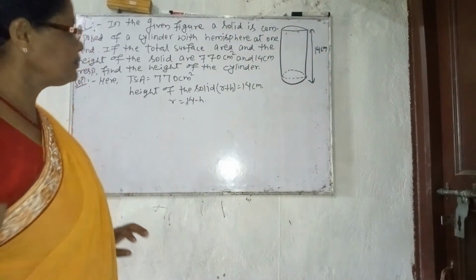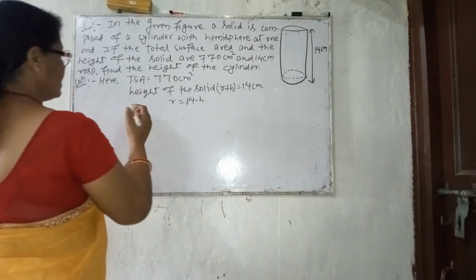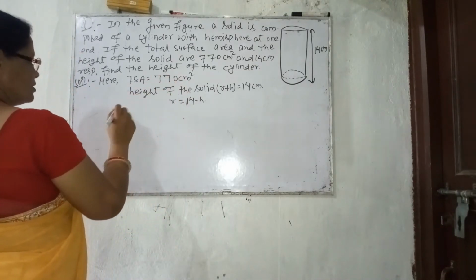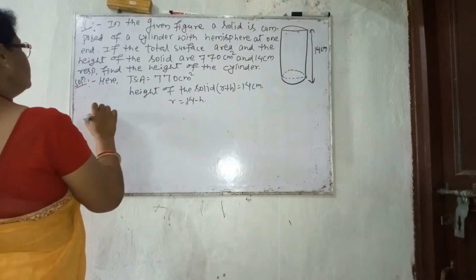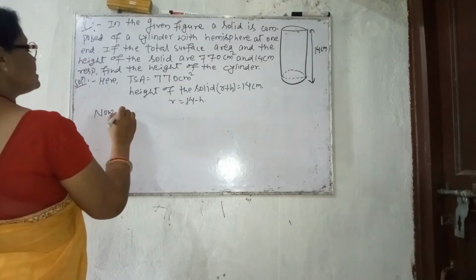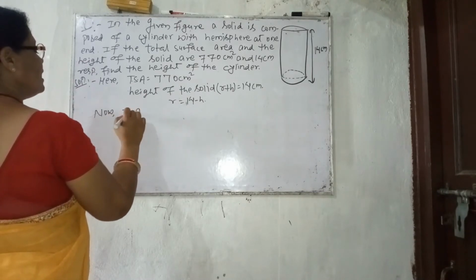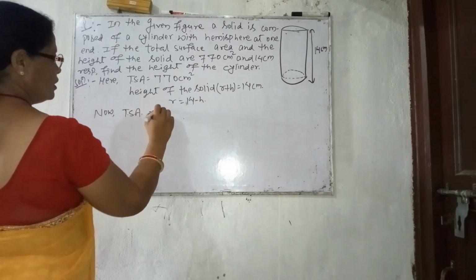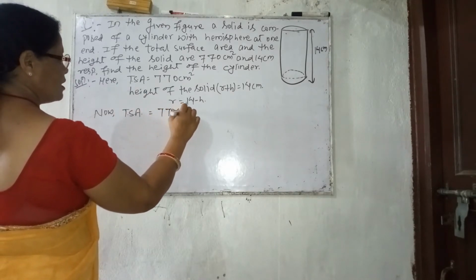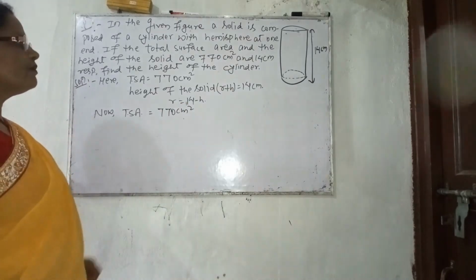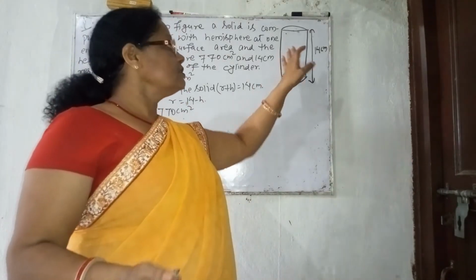After that, TSA is given as 770 cm square. What is the formula of TSA of this solid?